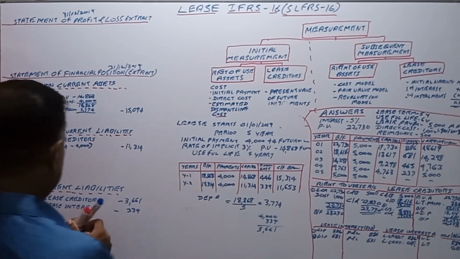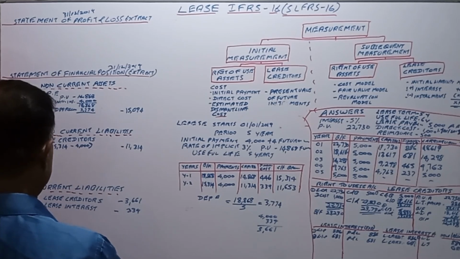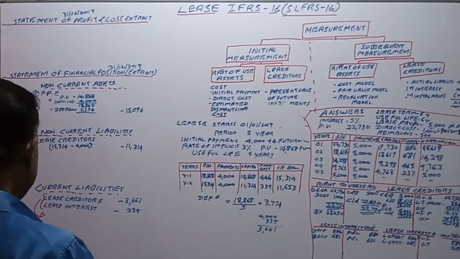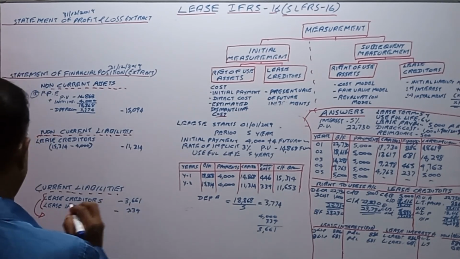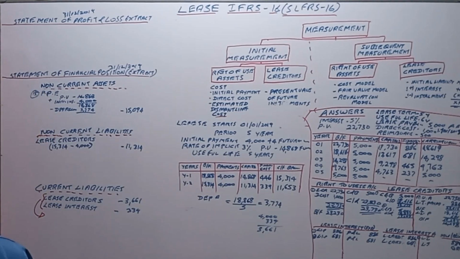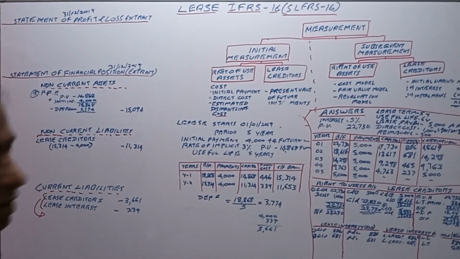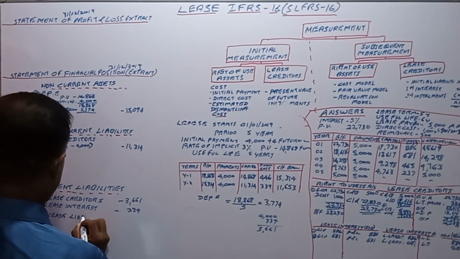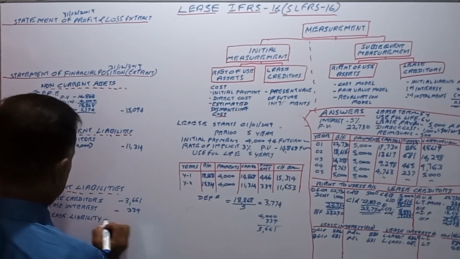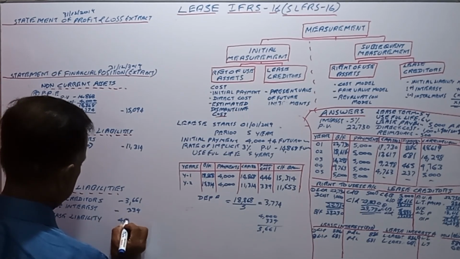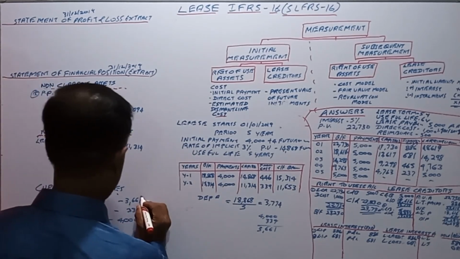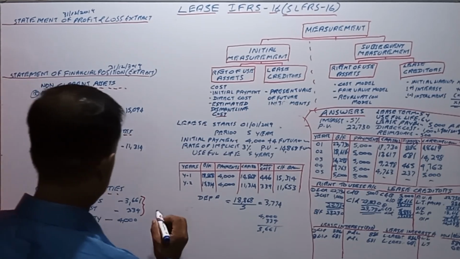Otherwise you can put it all together and say this as a lease liability or lease creditors. Lease liability is 4,000.